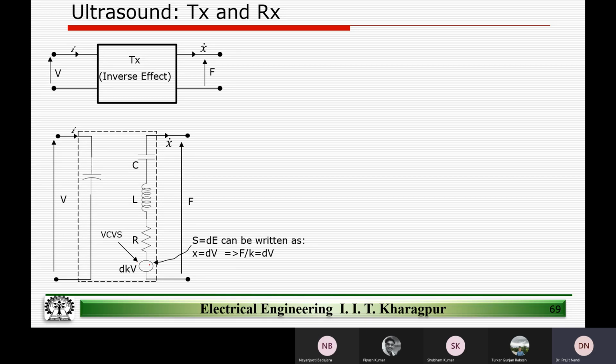That will be given by this voltage controlled voltage source, and the output impedance will be given by R, L, and C. So the overall force will be dkV minus X dot times R, plus LS X dot, plus X dot by CS.